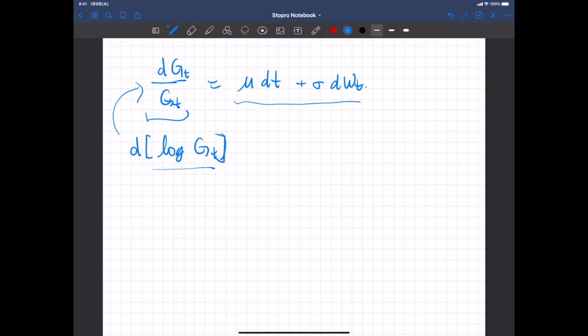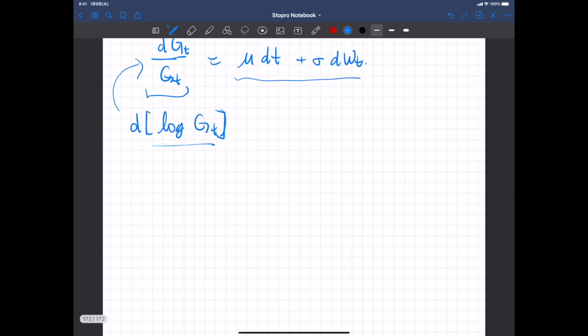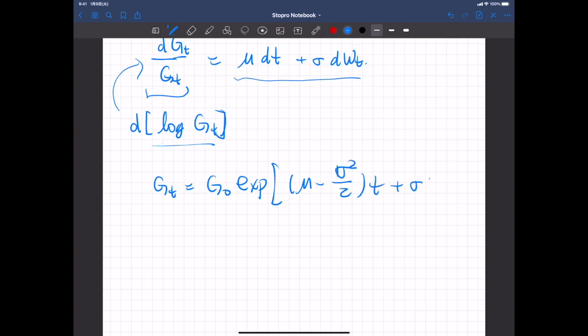But if you look at the solution, you have gt equals g0 times exponential of mu minus sigma squared over 2 times t, plus sigma wt.